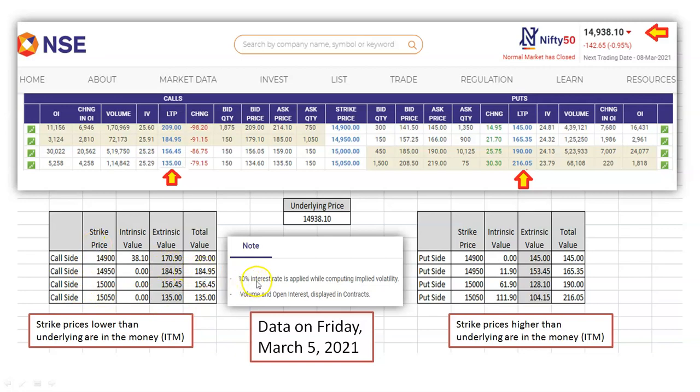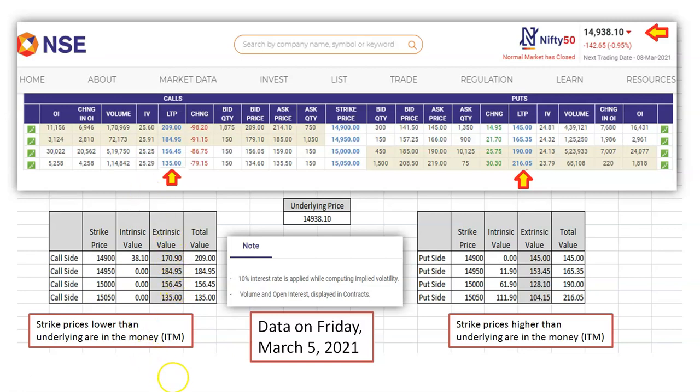So 6 days, 10% interest rate per annum, calculated for 6 days. The calculation could be a little more complicated, but more or less it could be in the range of 3 rupees or so. So if you take out the time value of money, that means 3 rupees or so, from the extrinsic value, the rest of the price is only for implied volatility.